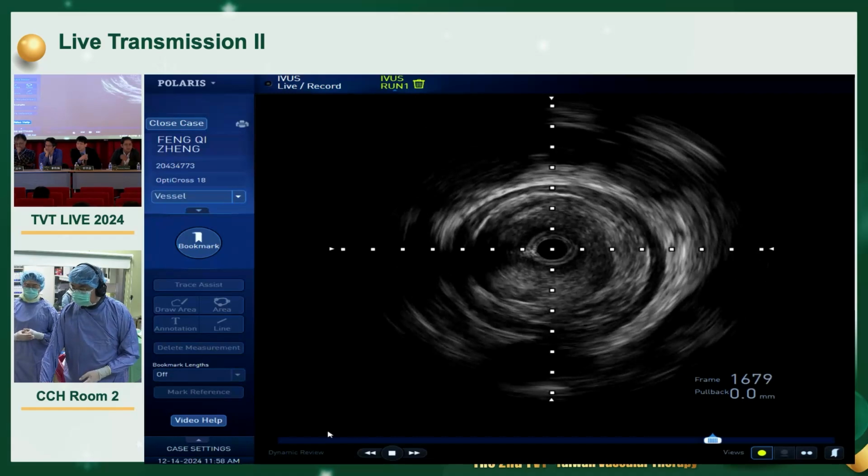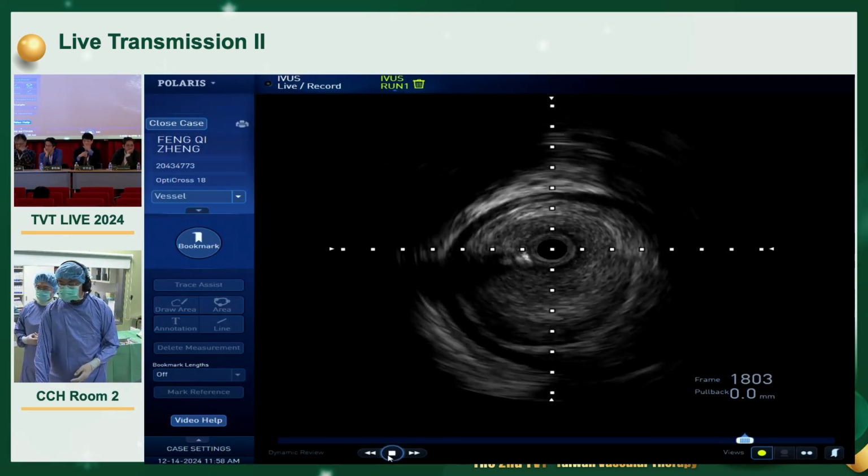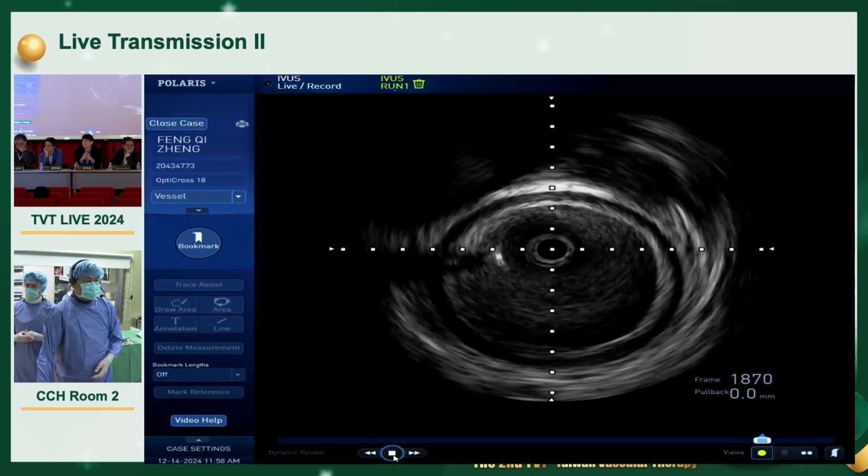The wire is across the lesion and all in the true lumen, so we plan to do balloon angioplasty.